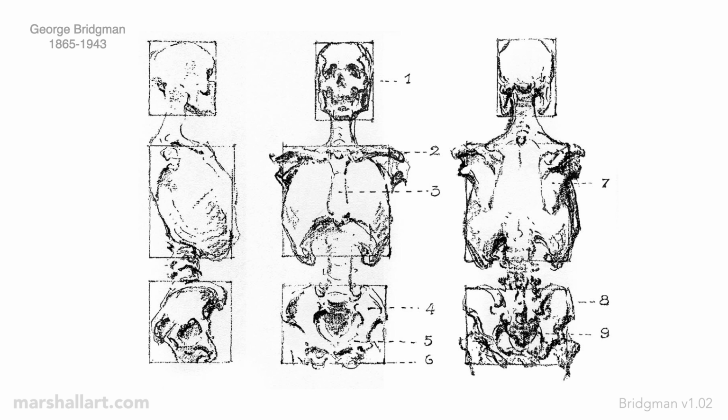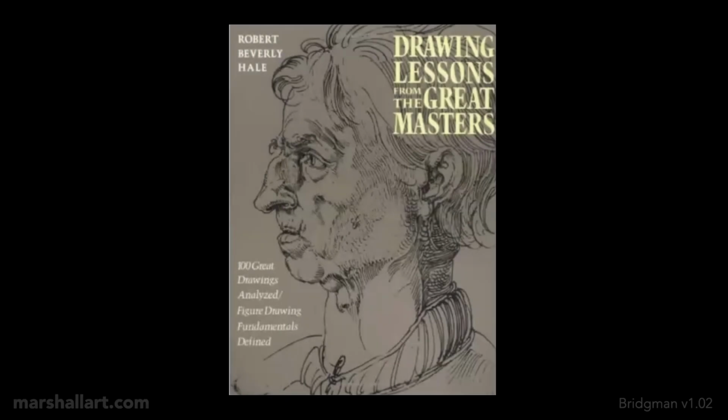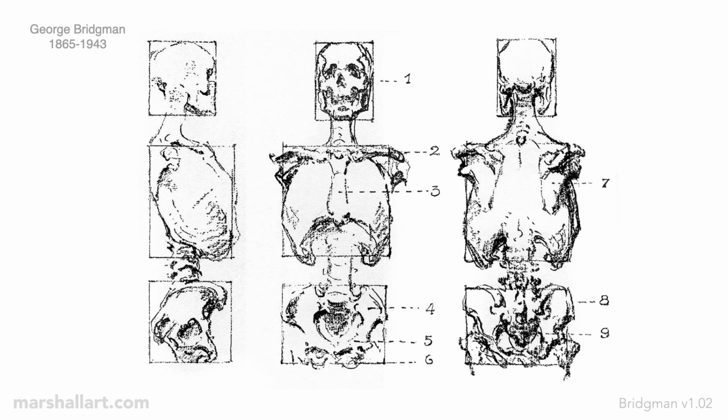Robert Beverly Hale, in Drawing Lessons from the Great Masters, the great drawing book, I think the best drawing book of them all, points out that the choice of a form is a fundamental creative act. It is the basis of drafting creativity, to choose your proportions.